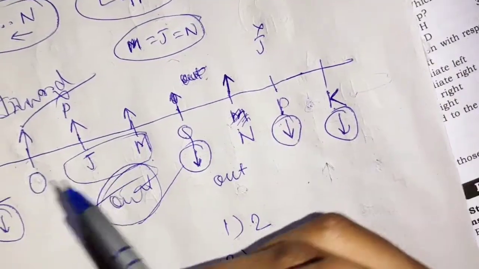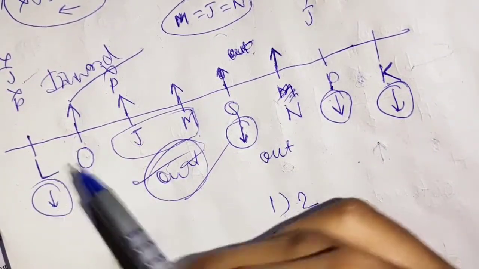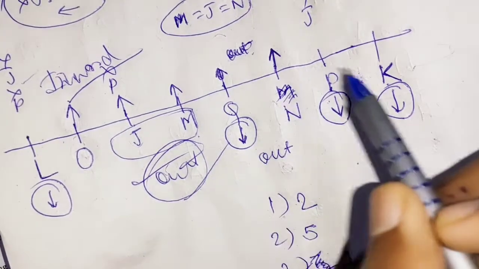What is L's position with respect to N? L is there, so we can go this way or we can go this way. We will see that from the directions.